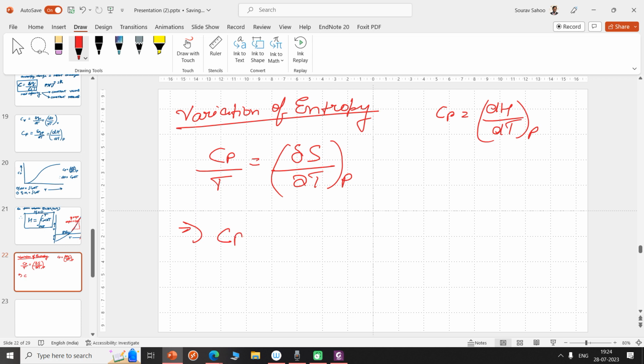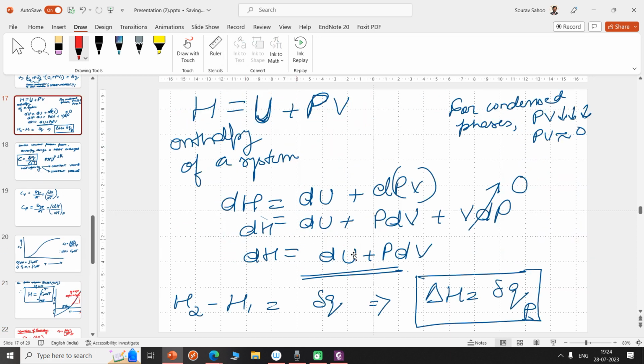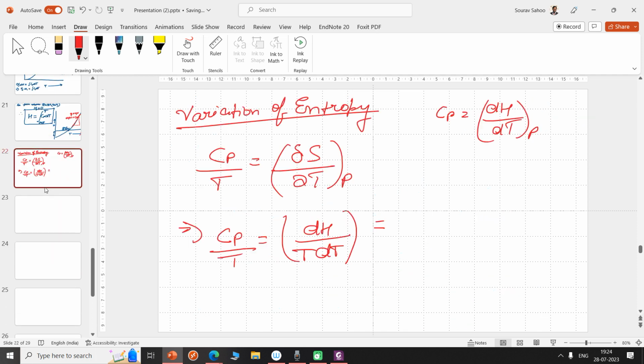Cp by T will be dH by dT, and we know that dH is equal to dq, for a constant pressure process. We have seen that dH is equal to dq, the enthalpy change is the heat change, so delta Q, because we are all dealing at constant pressure.